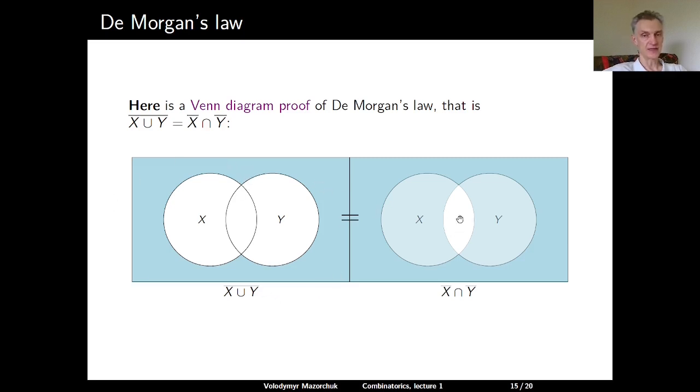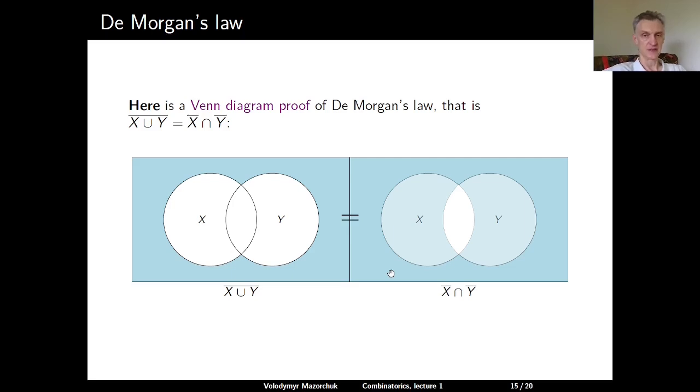And here on the right-hand side, we have the same set X, the same set Y, and then we first color the complement to X, and then the complement to Y, and then the common part is the intersection, and so we see that what is not the common colored part is slightly lighter color, and now we can compare the common part here with what is colored on the left-hand side and see that they coincide.